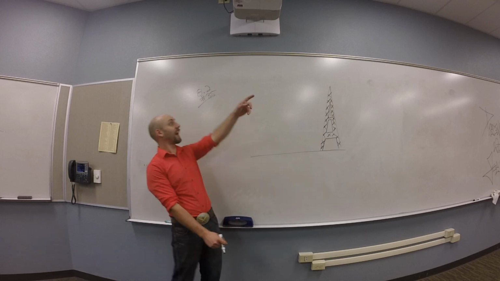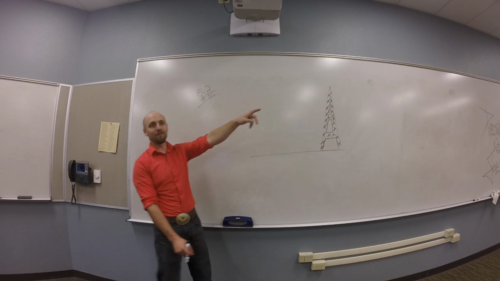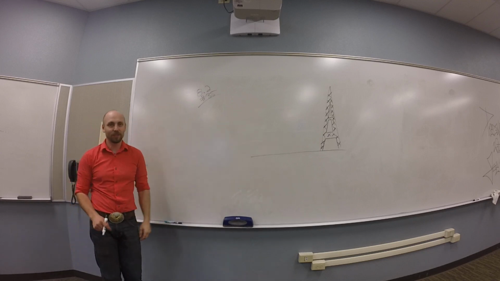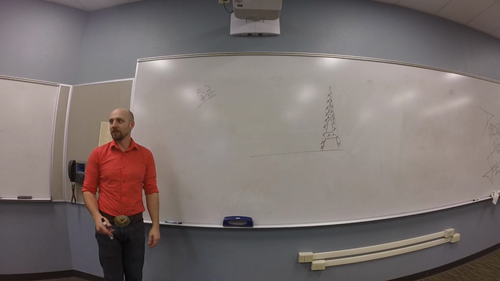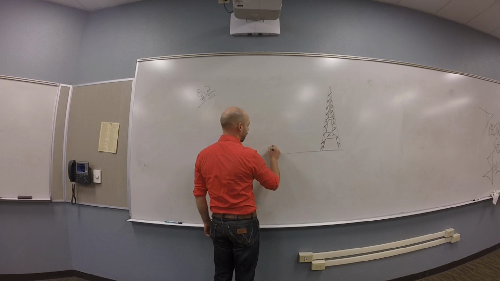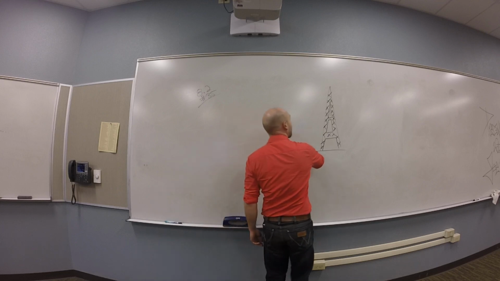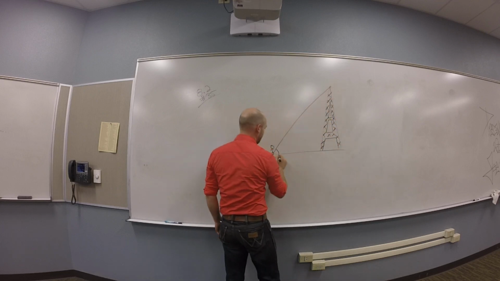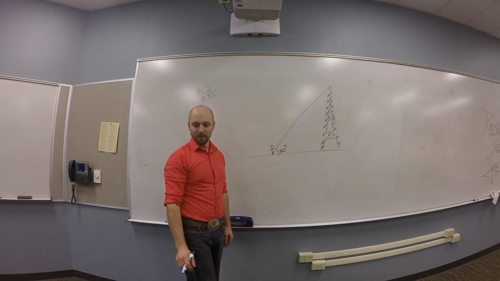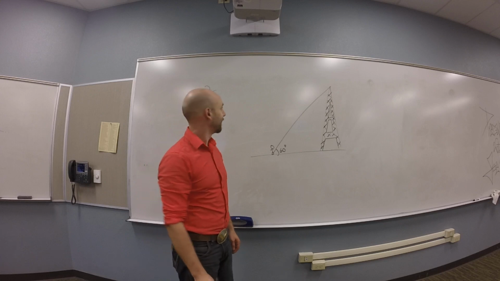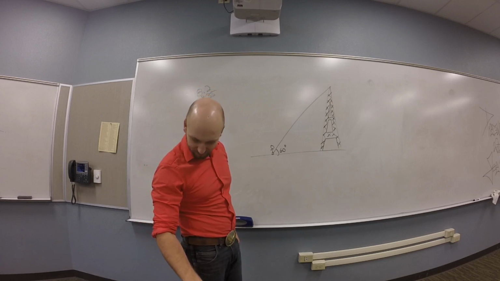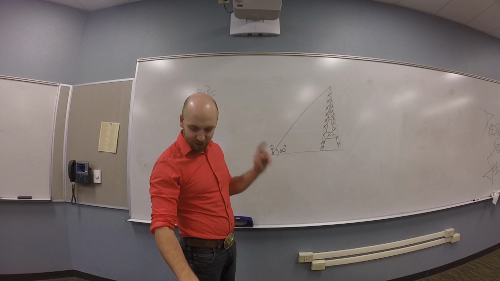So what you do is you look at it from one distance, then you back up a little more and look at it again, and then measure the distance between the spots you looked from. And then you solve this funky triangle. So the first person has a 60-degree angle to the top of the tower.